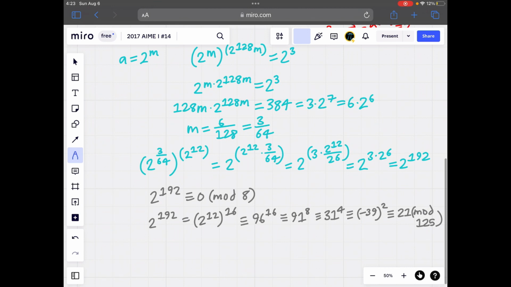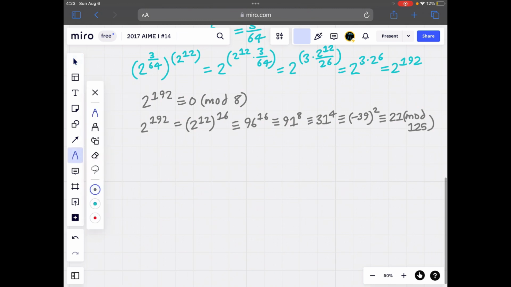So we know that 2 to the 192 is congruent to 0 mod 8, and it's also congruent to 21 mod 125. So to solve this system of linear congruences, we need to list out all the positive integers less than 1,000 that are congruent to 21 mod 125. And by the Chinese remainder theorem, there's only going to be one of those that is congruent to 0 mod 8.